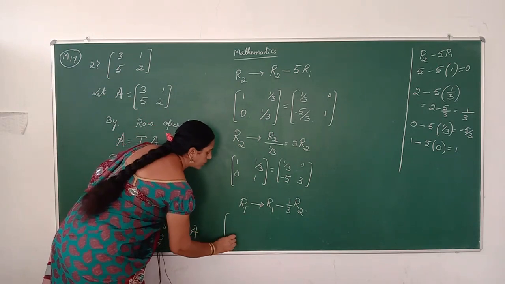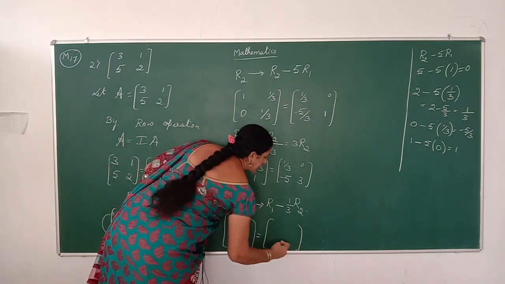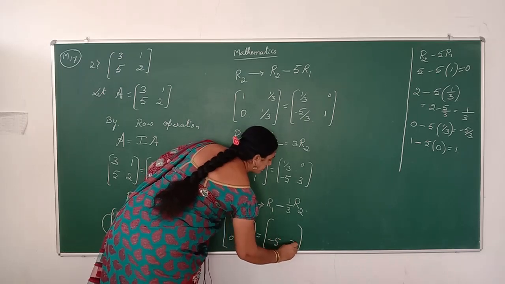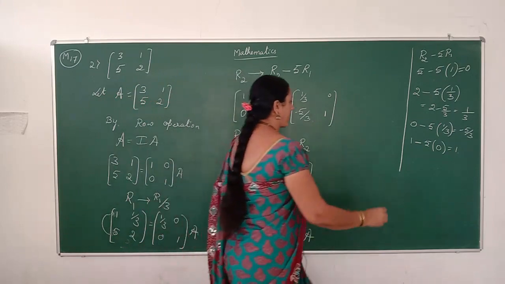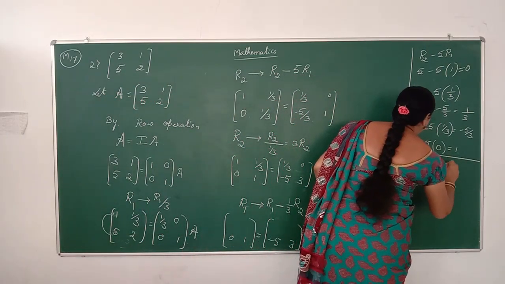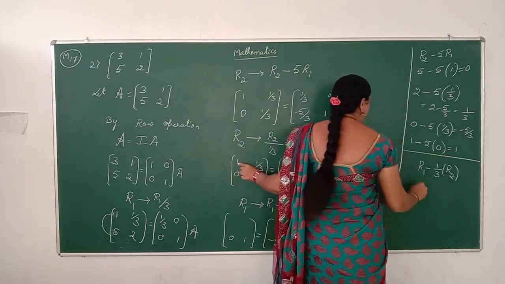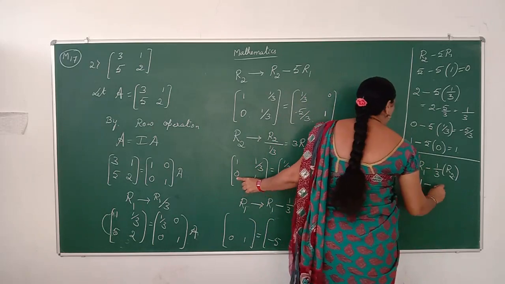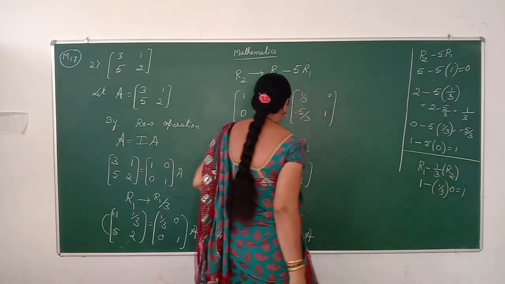Therefore the second row is 0 and 1, and on the right hand side is minus 5, 3. Then the first row is R1 minus 1 by 3 times R2. The first element of R1 is 1 minus 1 by 3 of 0, which is again 1.